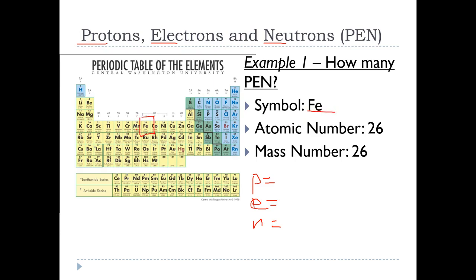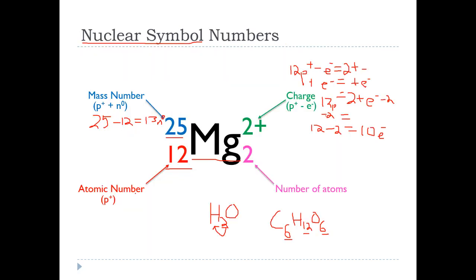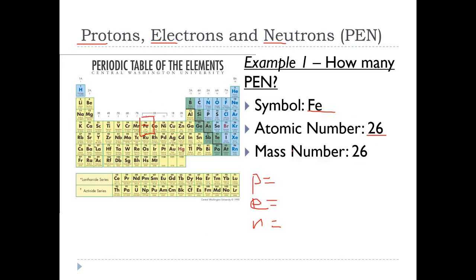So I know I'm talking about iron. They also do give us the atomic number, and if I double check, you'll see that on the periodic table, iron does have an atomic number 26. And if you remember, the atomic number is always the number of protons. Therefore, the number of protons must be 26. So there's 26 protons.